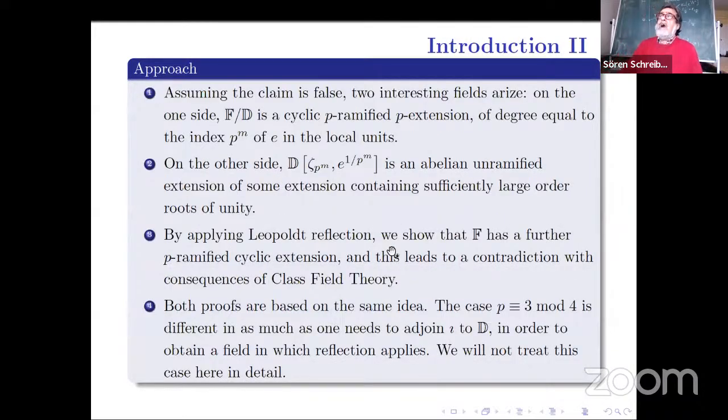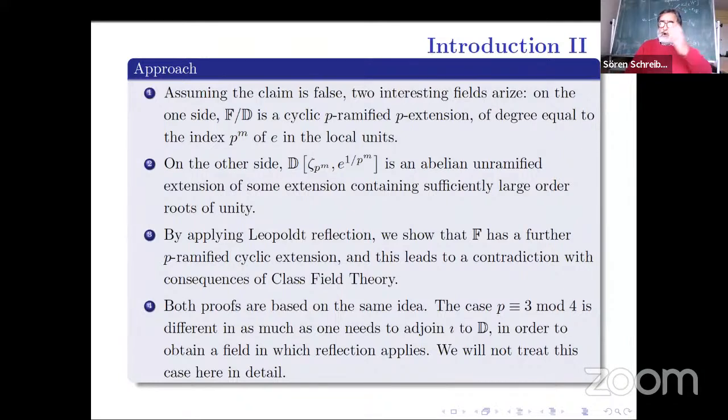Now, what's the approach? We assume the claim is false, so I assume that E is a local p^m-th power. Then there is a cyclic p-ramified extension of degree p^m over D, which I call F. On the other side, this E, which is a local p-th power, generates over the p^m cyclotomic field a non-ramified abelian extension.